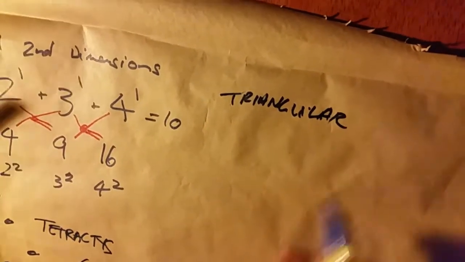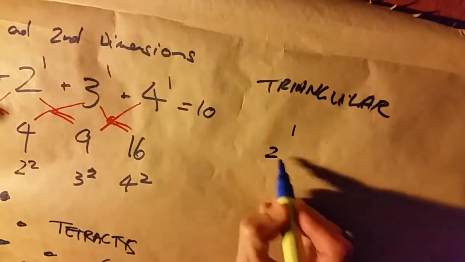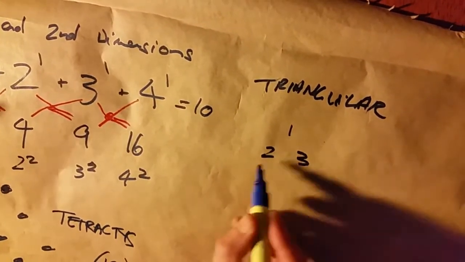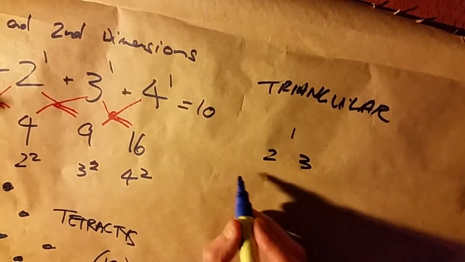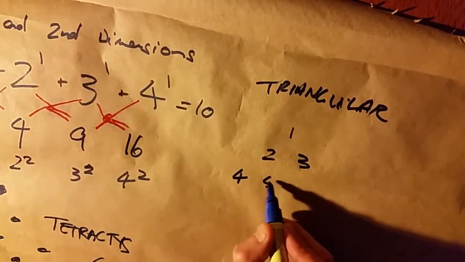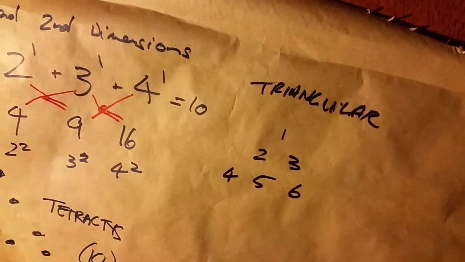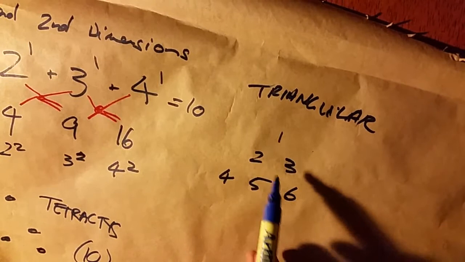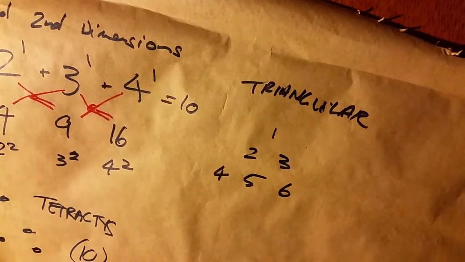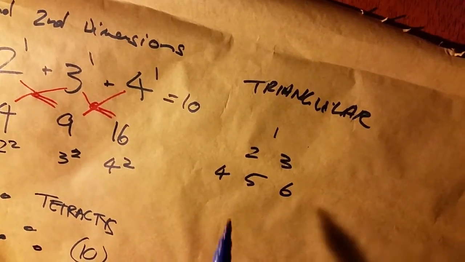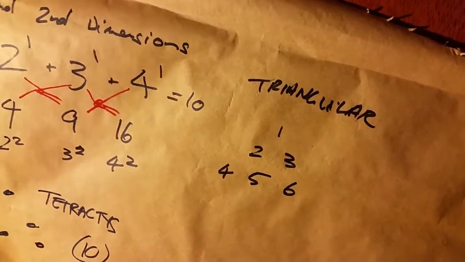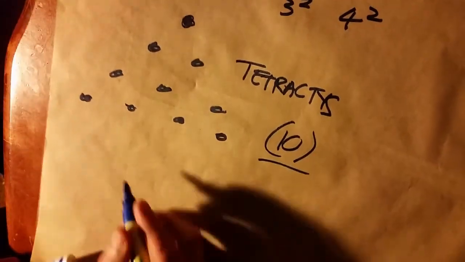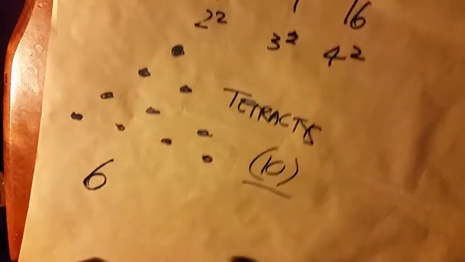So we have triangular numbers, and just like the Tetractys, we have 1, and instead of dots, we're using numbers, so 2, 3. The next row is 4, 5, and 6. The next row would be 7, 8, 9, 10. And the importance of the number 6: why is it important?